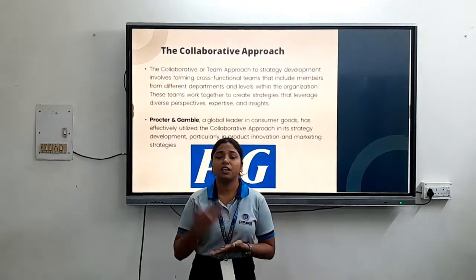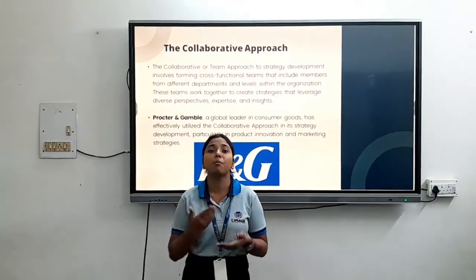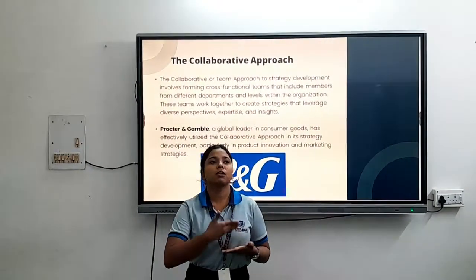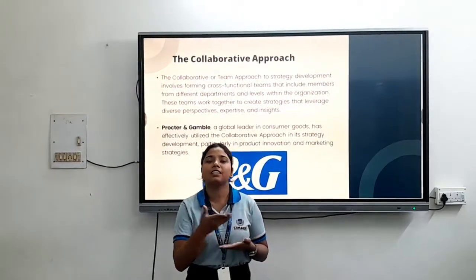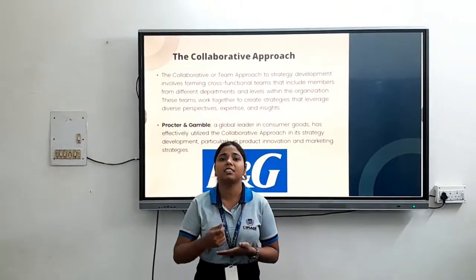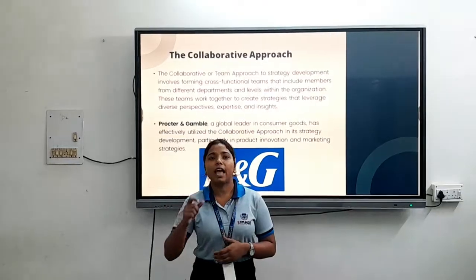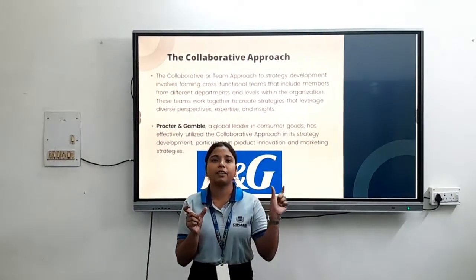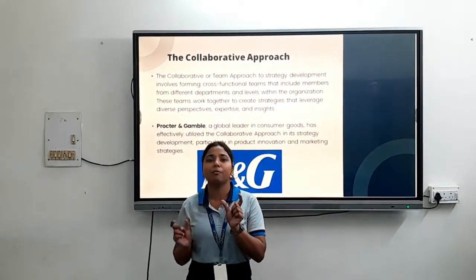In this, the suggestions for strategies pass from the bottom level to the top level, through different levels. The strategies are filtered out, and the best strategies are selected by the top level, and at that level the strategies are formulated with some added strategies of the top level and the bottom level.